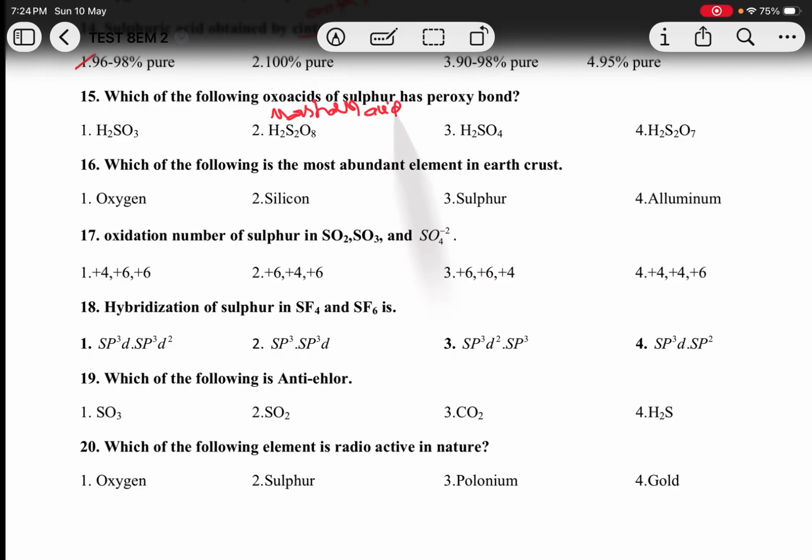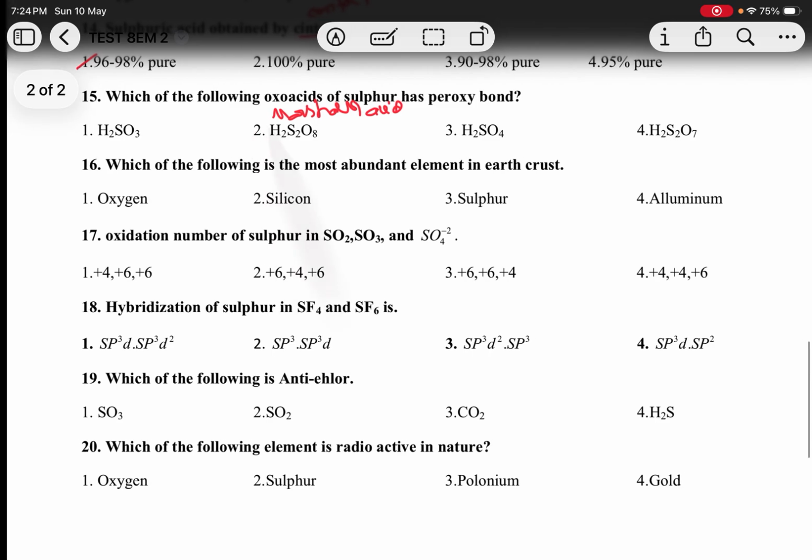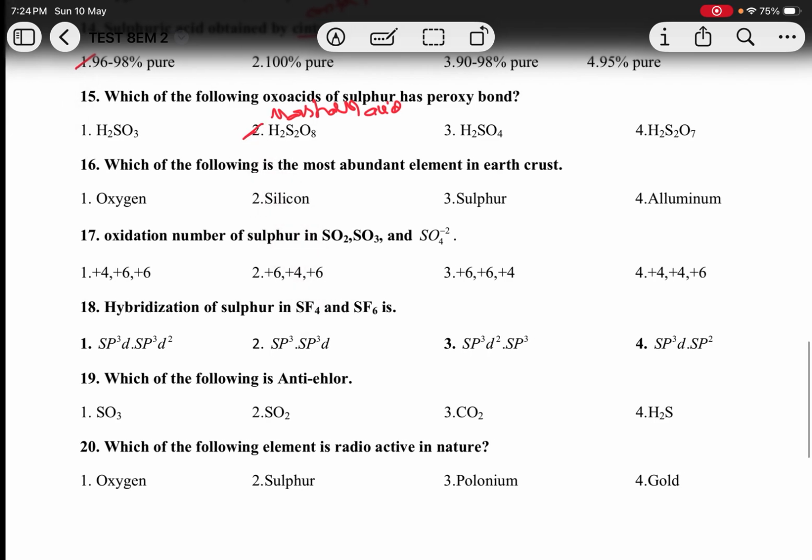Most competitive examinations have already asked this. Third one is sulfuric acid. Fifth one is pyrosulfuric acid, also known as oleum. So of the 4 given compounds, Marshall's acid or peroxy disulfuric acid contains an O-O bond.